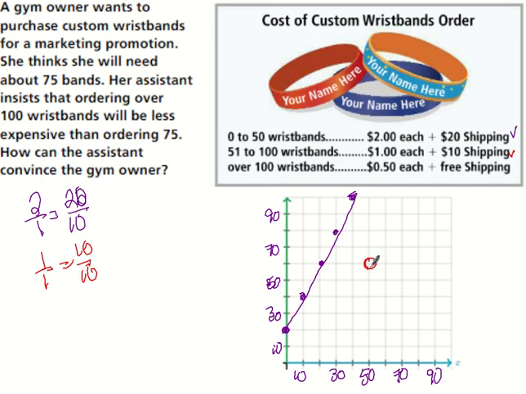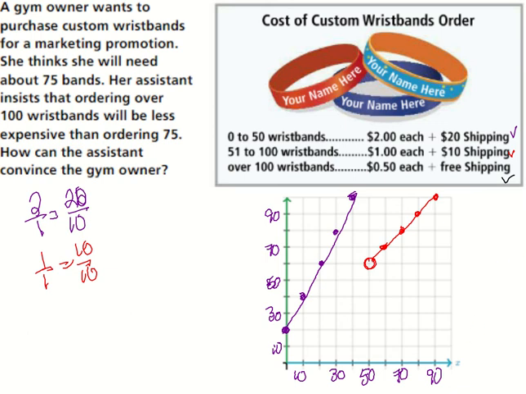I'm going to do an open circle at 50 because it's at 51. You guys see that? Then I can go 10, 10, 10, 10, 10, 10, 10, 10. And that's my graph for the second function. Wait, I got that wrong. All right. Not bad.